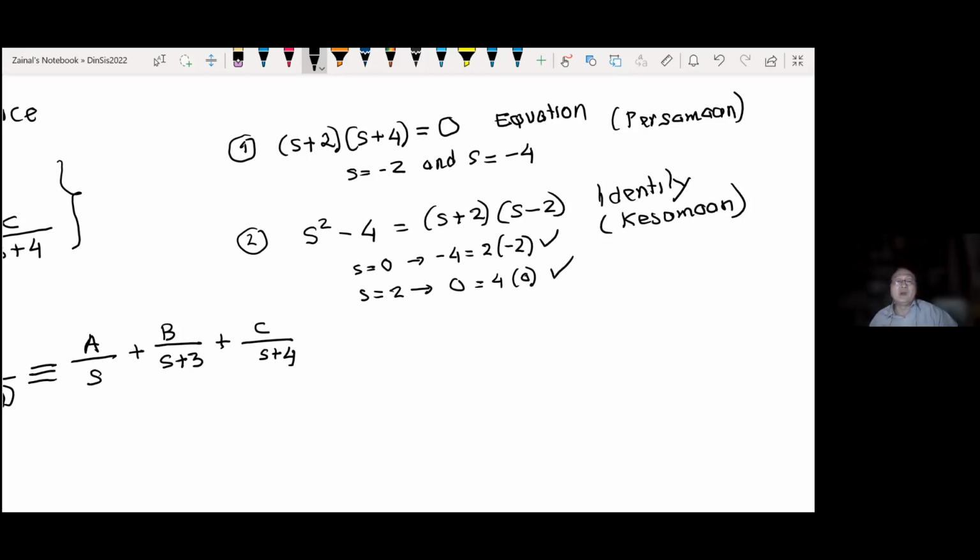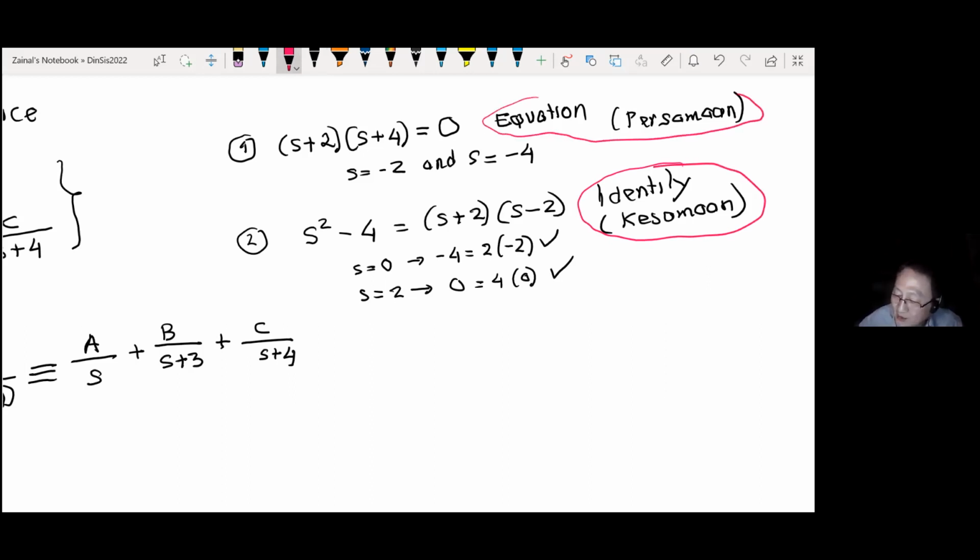Any s will satisfy this because it is an identity, while an equation is only valid for certain values of s. Please be aware of this.